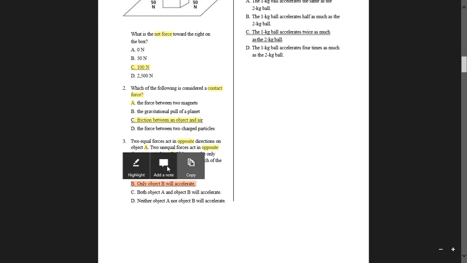So when you subtract the two equal forces from each other, it will give 0. Excellent. But in the case of object B, it will be more than 0. So object B will accelerate, not object A. You got it? The net force on object A will be 0, but on object B it will be more than 0, so the right answer is number B.